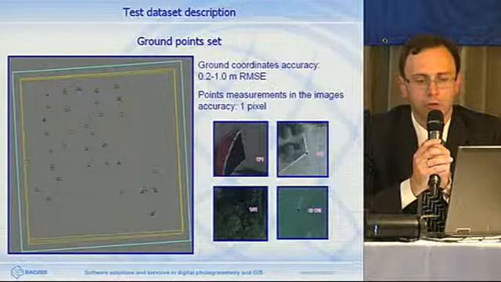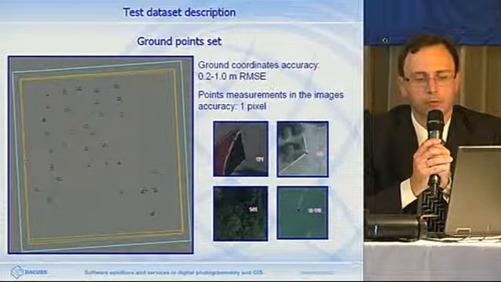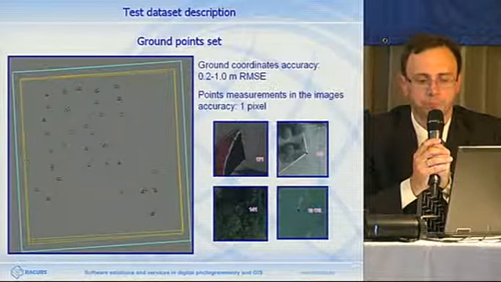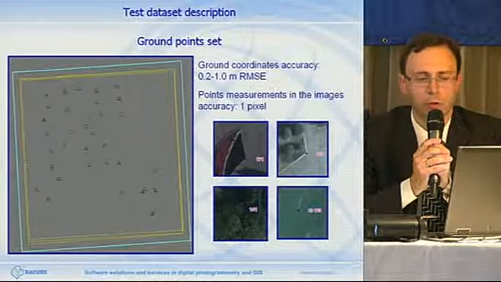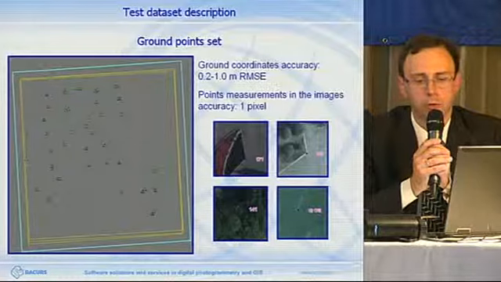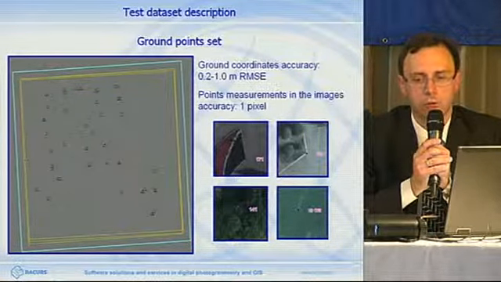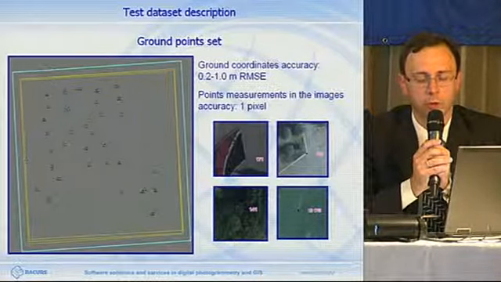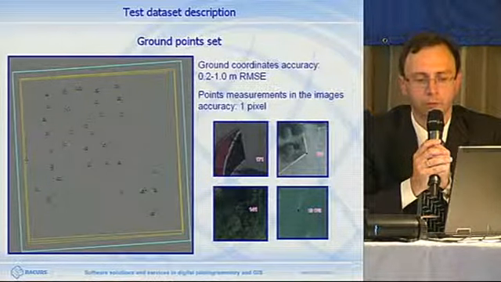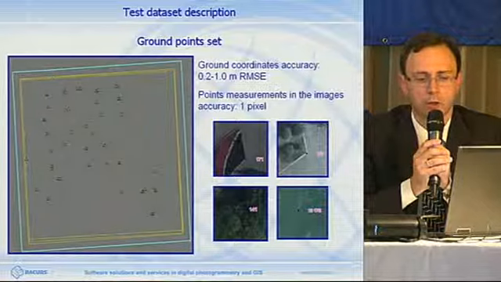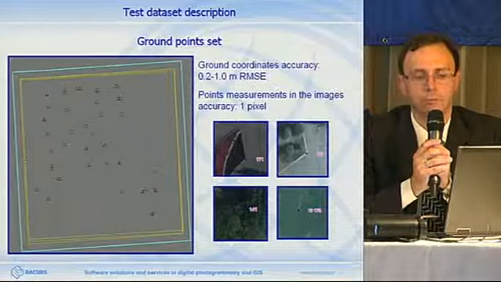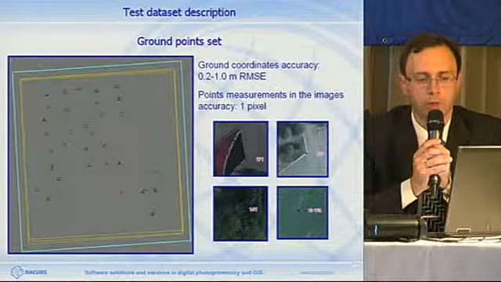Next, ground point set. These points were provided by the company Technology 2000, and I can tell you that this set of points was quite haphazard, both in terms of the accuracy of coordinates on ground, and the sources of these ground control points were different, like field studies and scanned topographic plans of different scale.